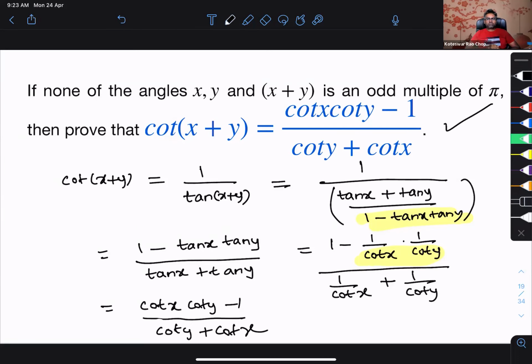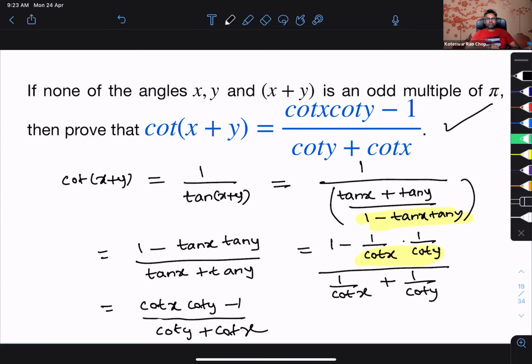Now, this is done. How do you get the second step? Look at one of our identities. The earlier identity was sin square x plus cos square x is 1, right? So I can take this sin square x and write it as 1 minus cos square x. Wherever you have sin square x, I am just writing it as 1 minus cos square x.